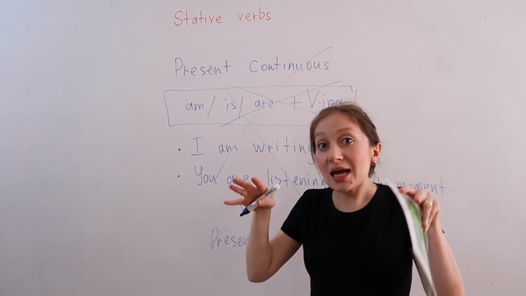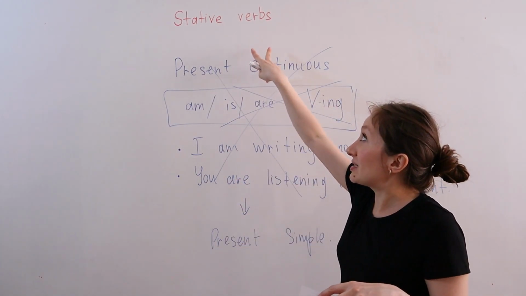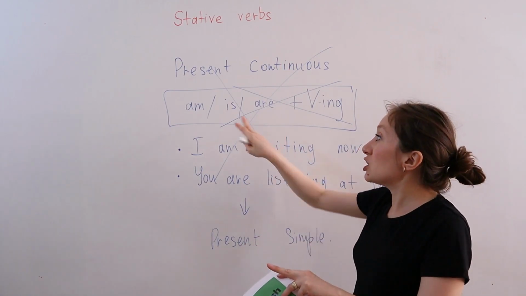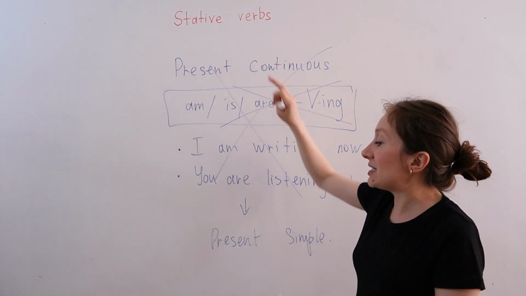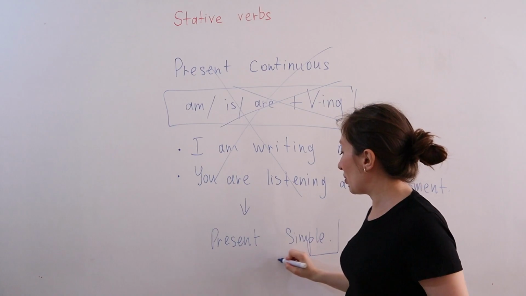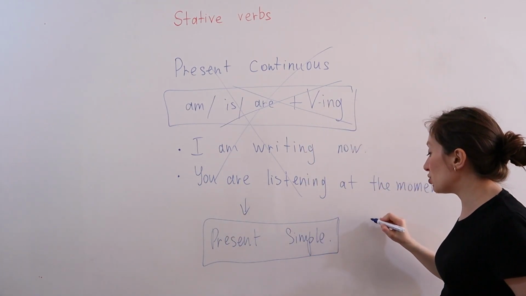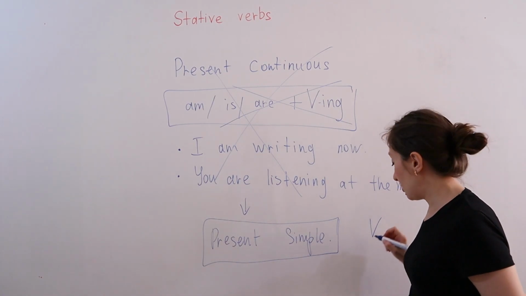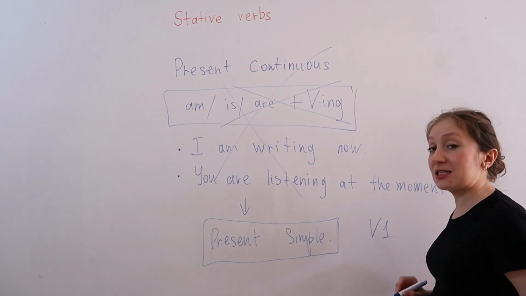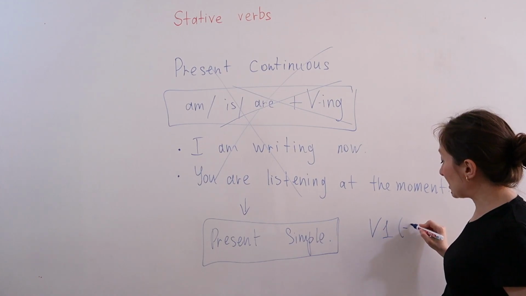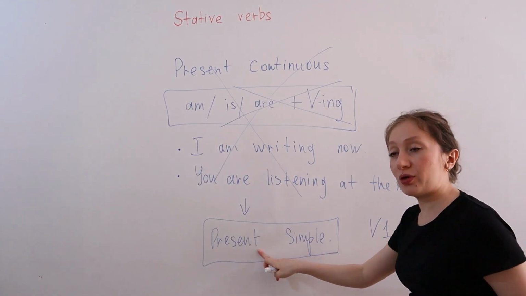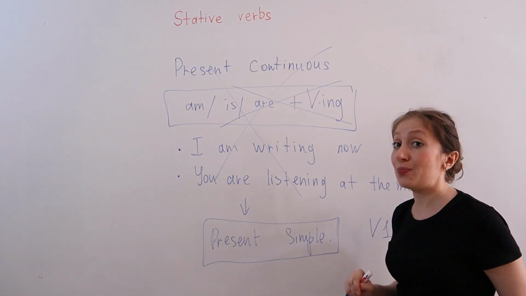So the action is at the present moment with stative verbs, but we don't use it in a present continuous construction. Instead, we will use present simple construction. It means we will use just verb 1. If it's he, she, it, we will add s, right? I hope you remember the structure of present simple.